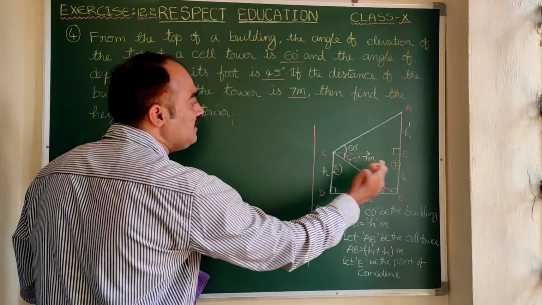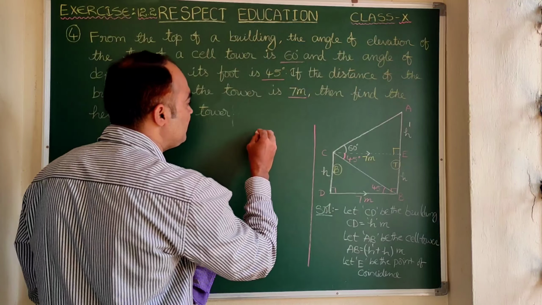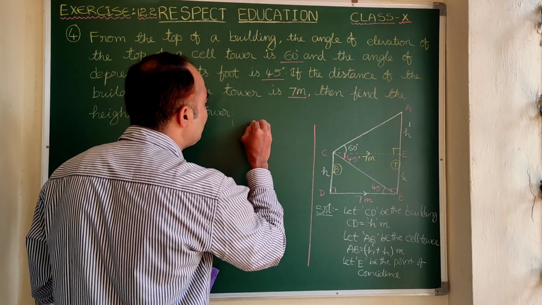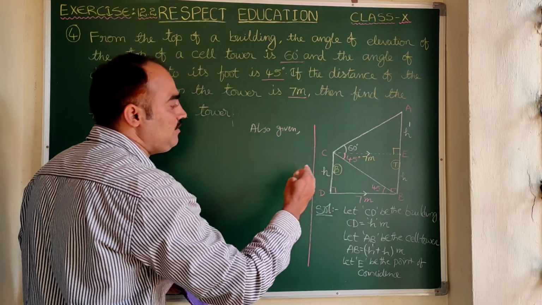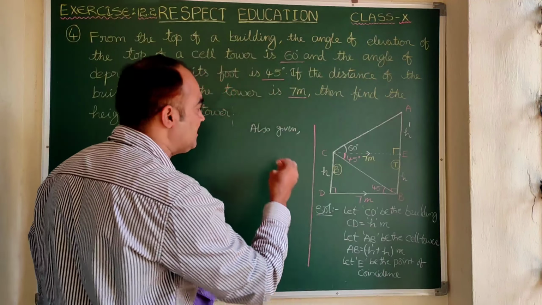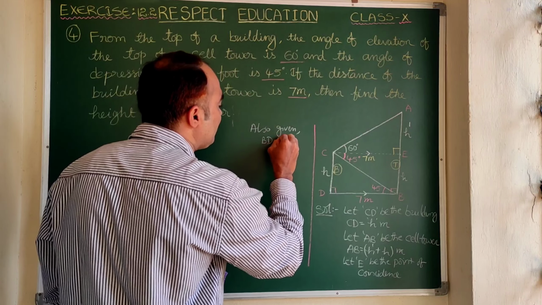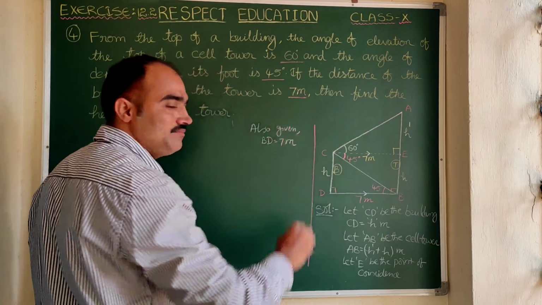The distance between these two. So let us write also given the distance between the building and the cell tower, that is BD is equal to 7 meters.